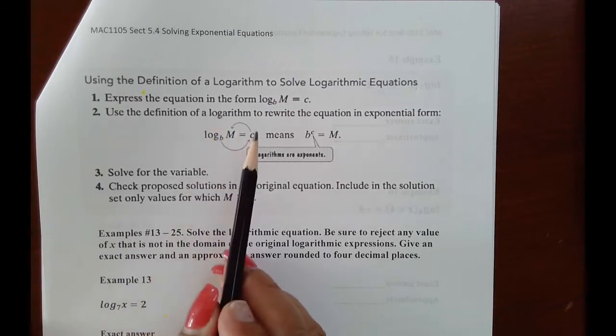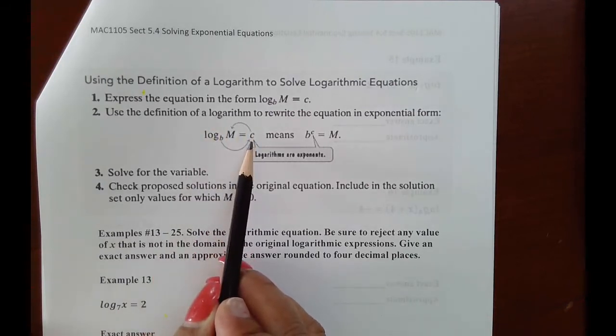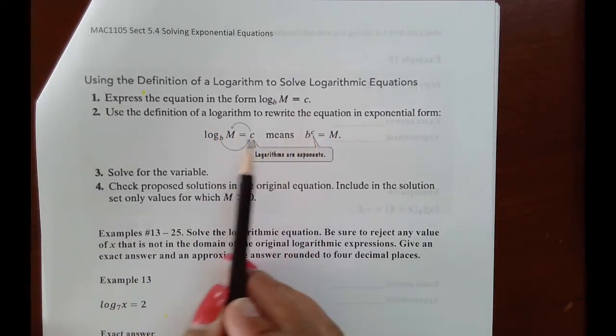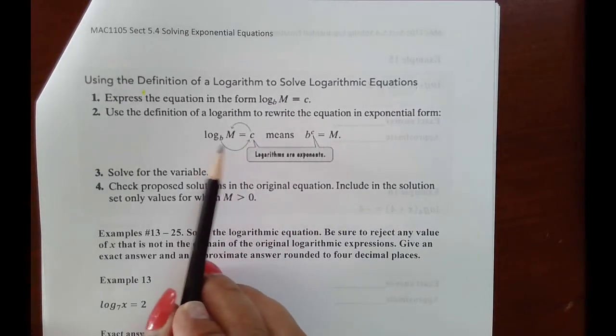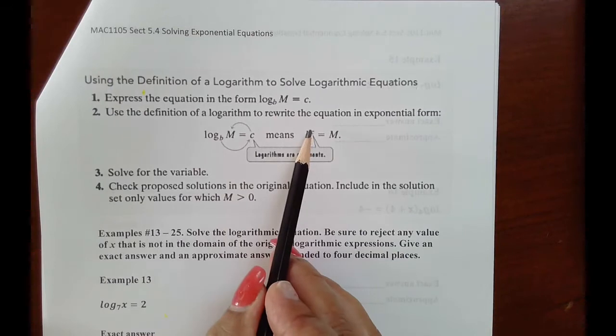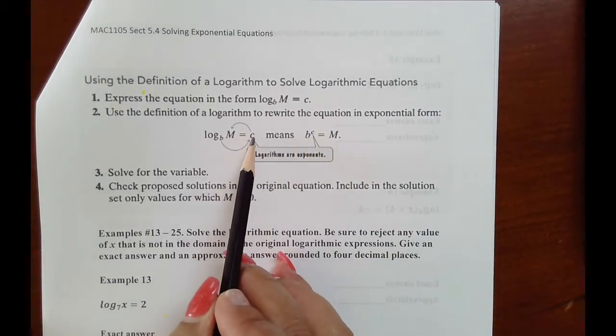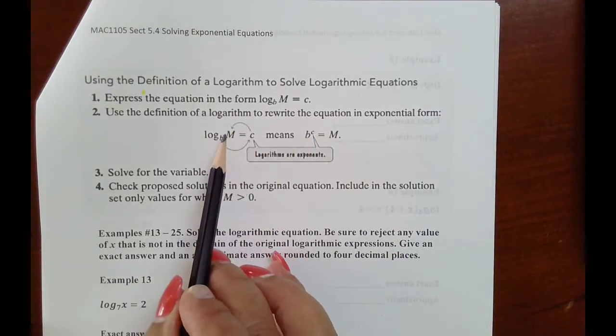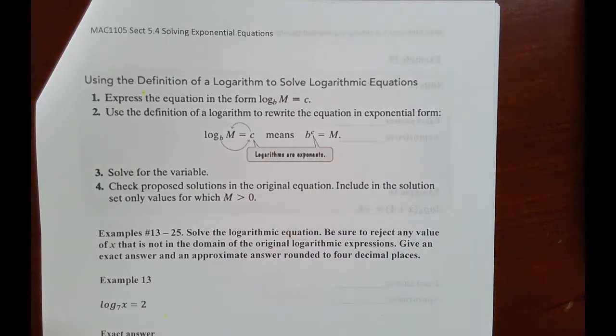Go grab the expression that's all by itself on the opposite side of this log base. It will become the exponent, and this argument value will jump in its place. So that's the skill we're going to be using anytime we have a single log on one side.